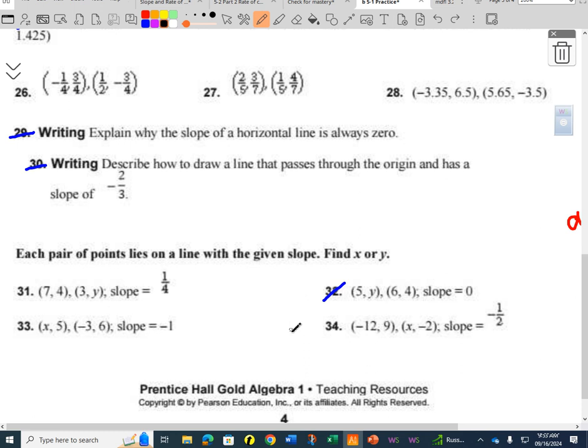So we're going to have to describe, 1, plot a point on the origin. 2, use the slope in rise over run form to plot the second point.